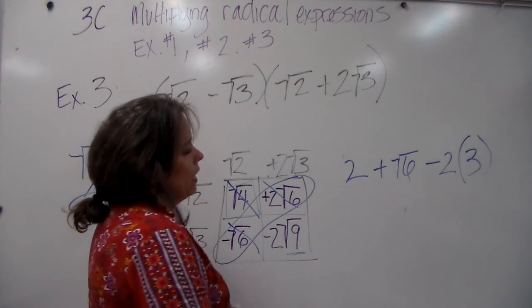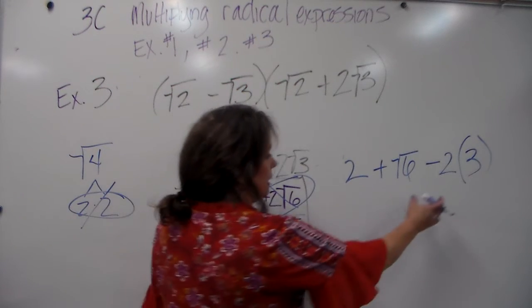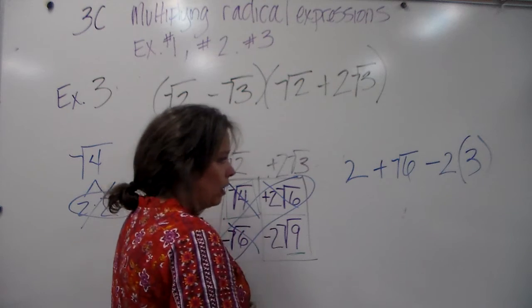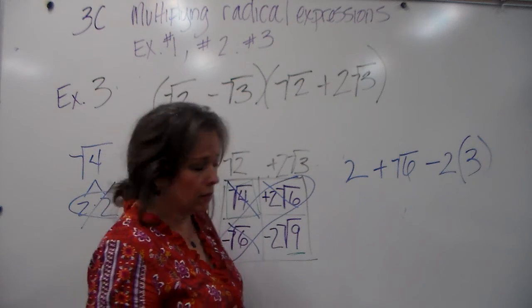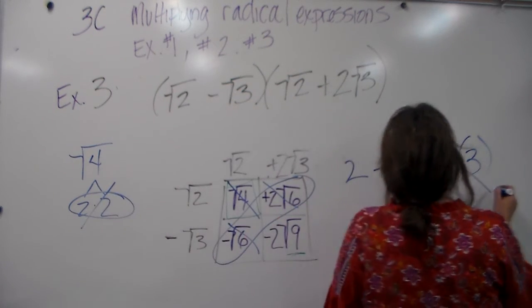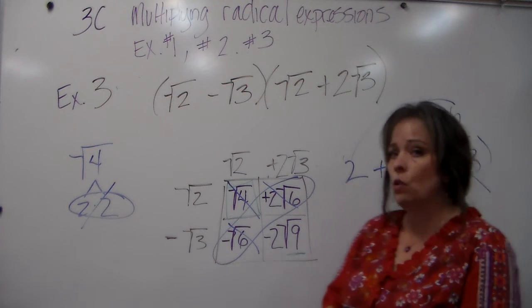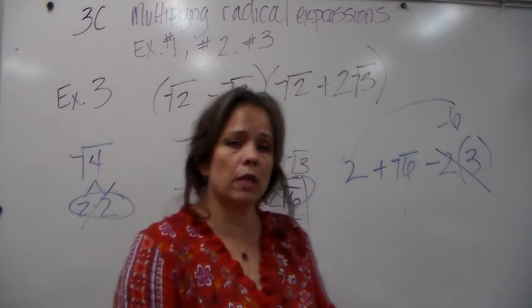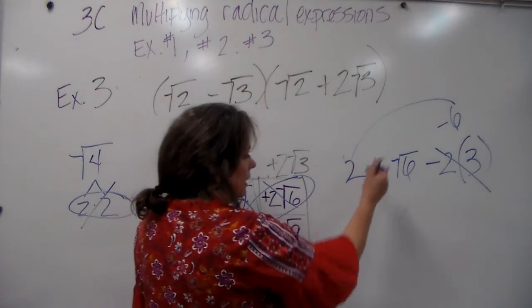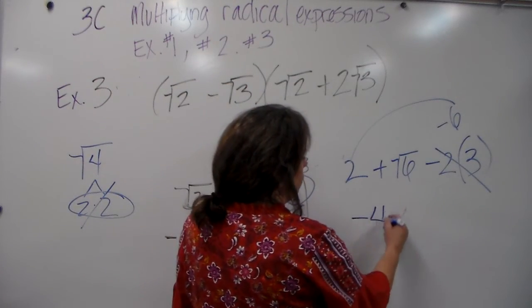And now we're not done, because we need to simplify this some more. That negative 2 times the positive 3 is going to multiply to a negative 6. And now we've got two constants, or two numbers, that we can combine. So 2 minus 6 is going to give us negative 4.